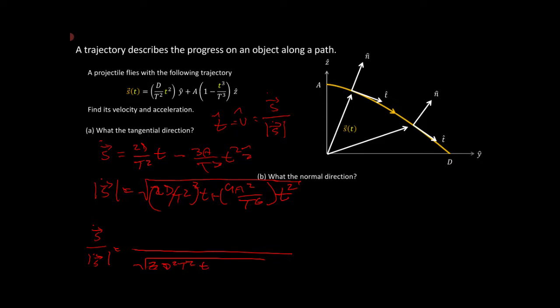This is probably square root 2, take care of that one too, plus, this has to be a 4, 9a squared times little t squared.